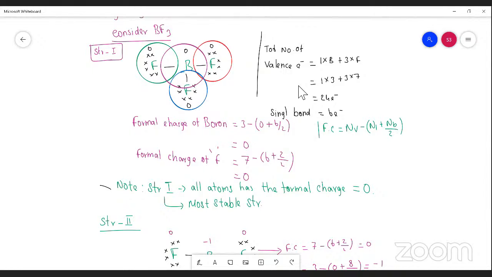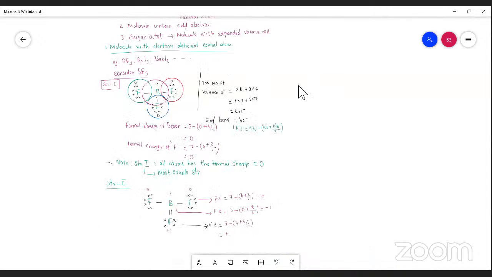In structure 1, all are not getting their octets. Only boron is electron deficient. Boron has only 6 electrons, not an octet. Correct? Not octet. Okay.